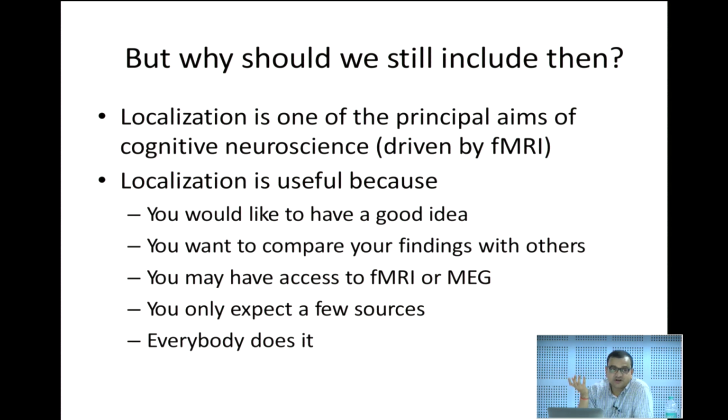So, that is the kind of currency, I would say, that localization was very dominant over many years. That is why there is a big body of literature available relating certain brain regions to a host of cognitive functions.